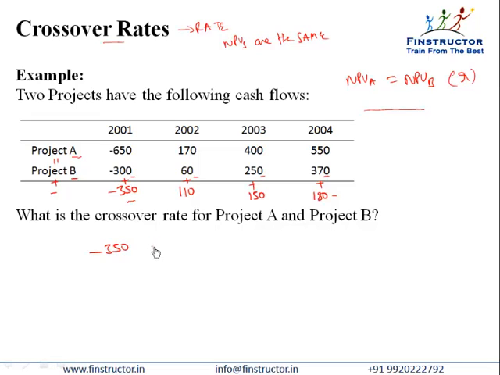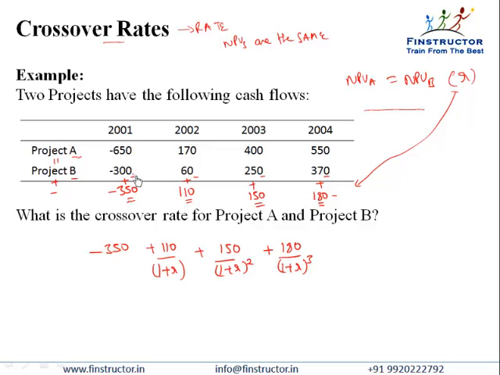If the present value of these differences sums up to a value of 0, then at that rate the NPV of both project A and project B would be the same, because whatever the discount rate R is, at that discount rate these remaining or differential cash flows have no present value.